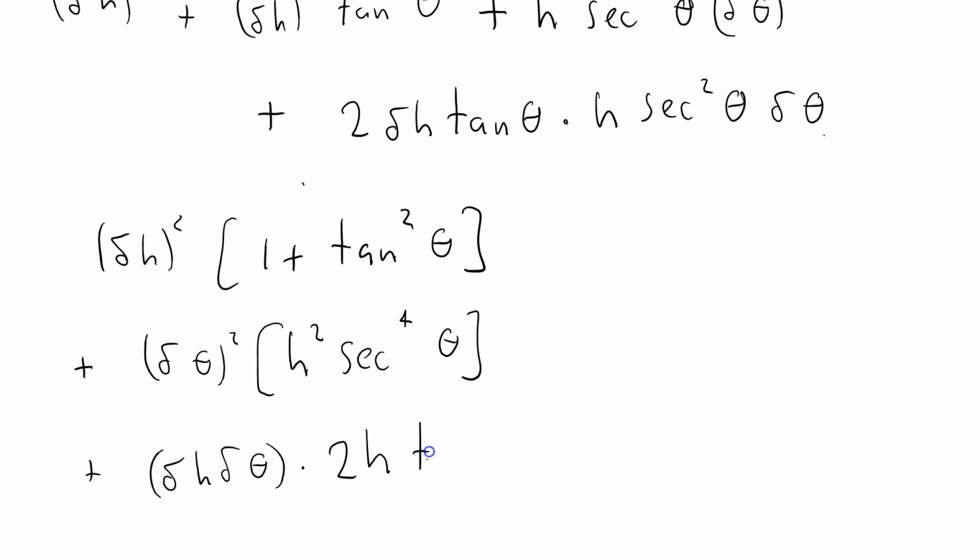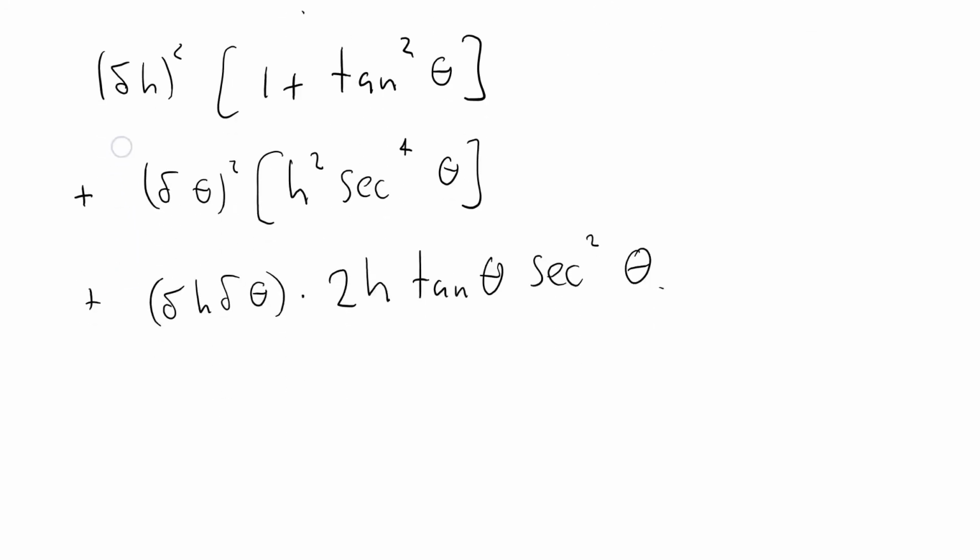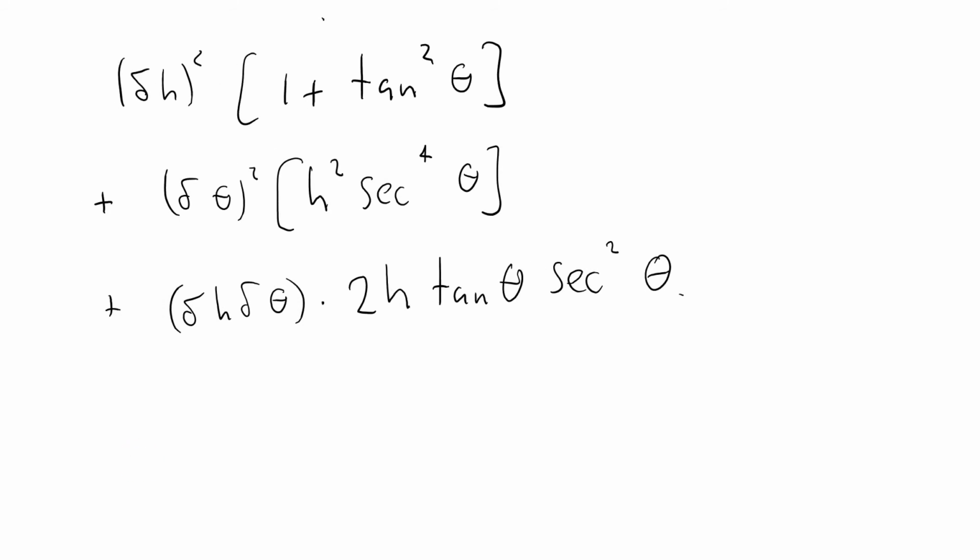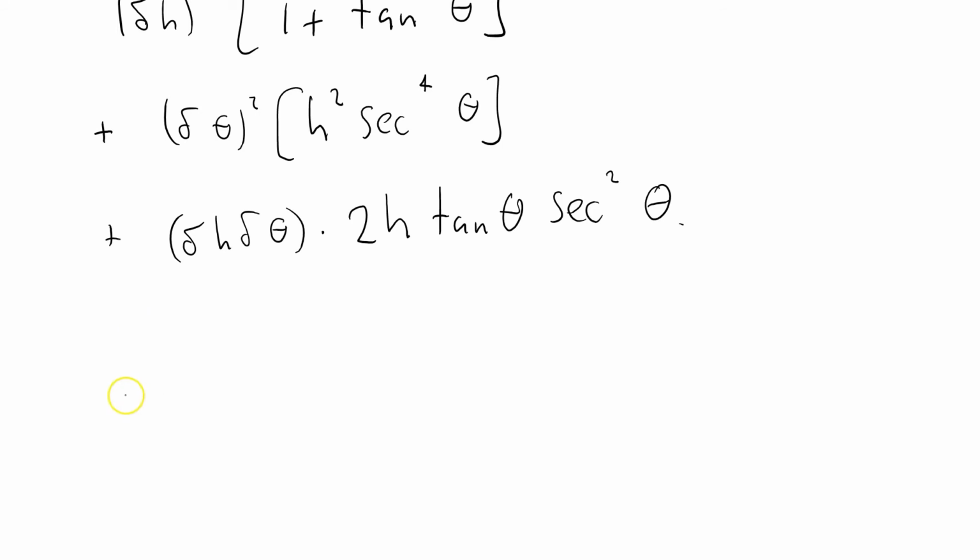H tan theta sec squared theta, which is a bit of a mess there. Okay. Now, that's my ds squared, which is my distance squared.